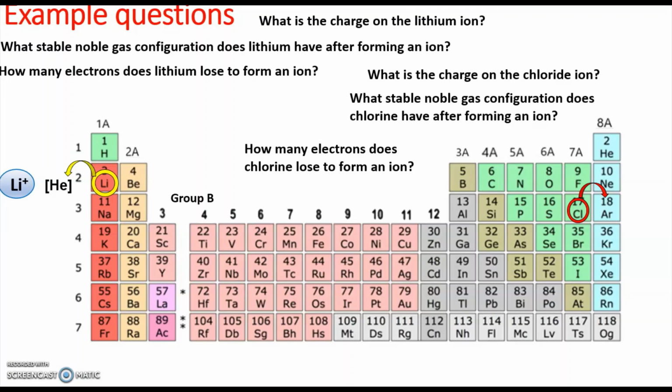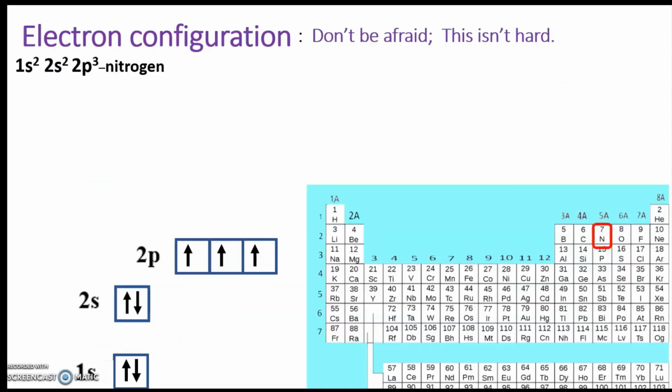But I want to emphasize on that last one, the answer to that is 0. It's actually going to gain, and that's not a trick question. That's just basically making sure people are paying attention. Anyway, chlorine is going to gain 1 electron. That 1 electron has got a negative charge, so it'll form chloride. All right, and it has the stable noble gas configuration of argon, obviously.